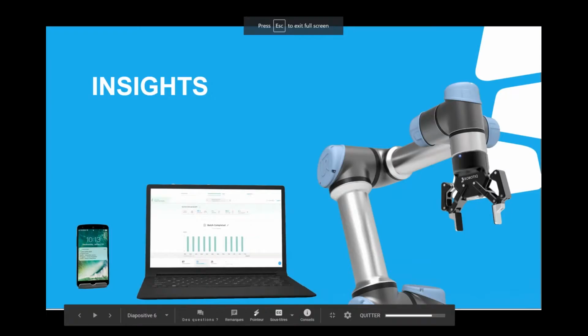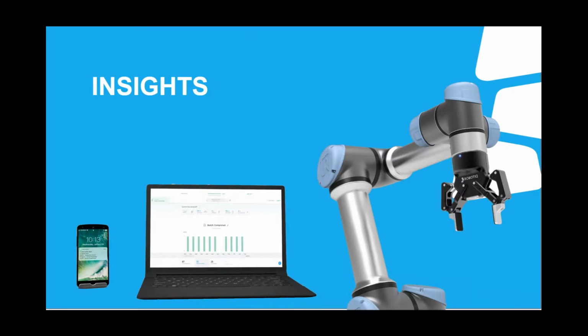Thank you, Josh. Yes, so to explain to you a little bit more about why Insights is a product we launched and offered in our ecosystem: as Josh mentioned, it's a web platform, and its purpose is really to help manufacturers connect their robot to the cloud.